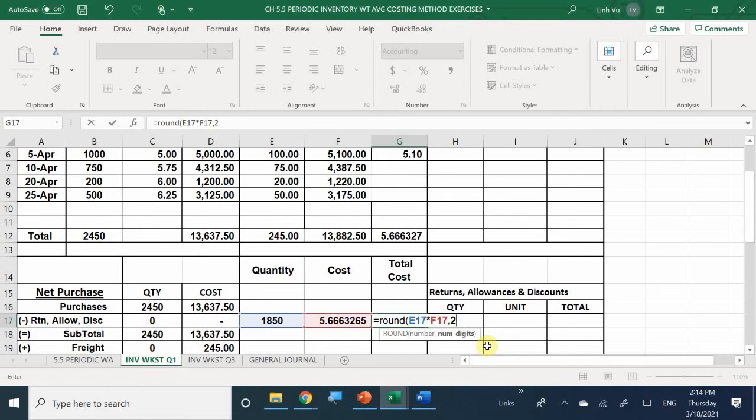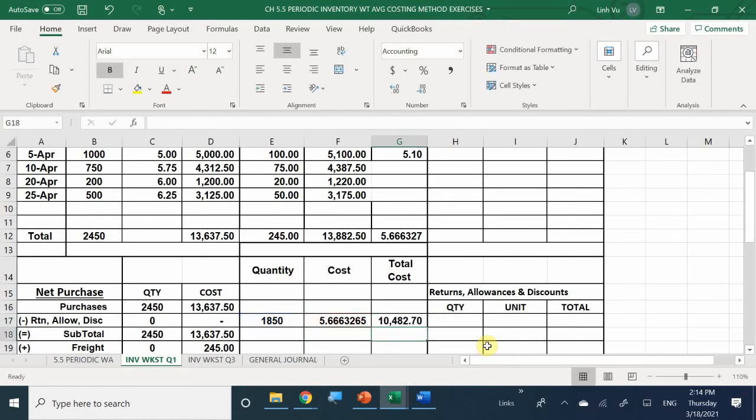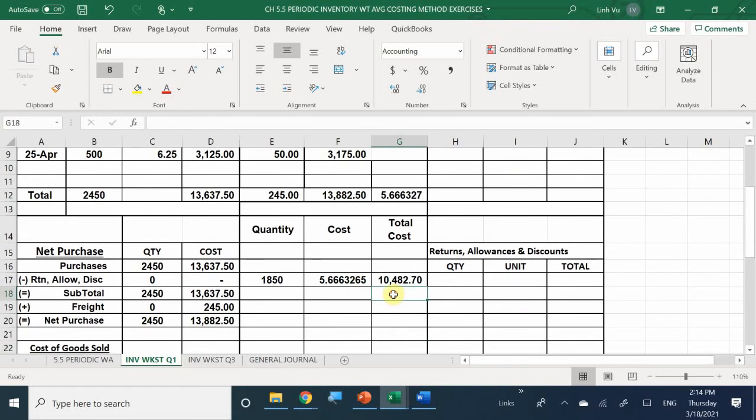You can if you'd like, but you'd be able to press enter and it would recognize the formula that you entered here. So in this case, it is $10,482.70. Okay? All right, but if I did that regular, you're going to see the same thing because that's how I formatted my Excel sheet.